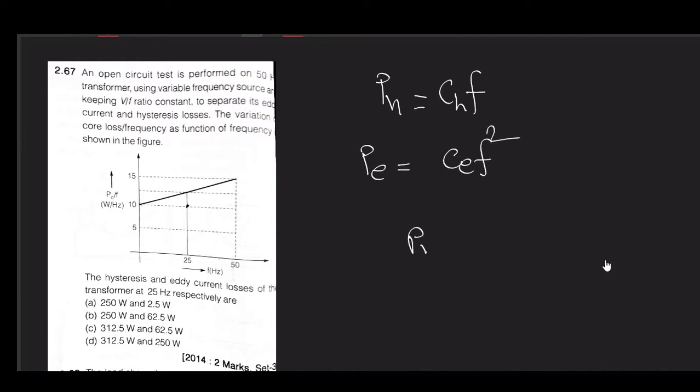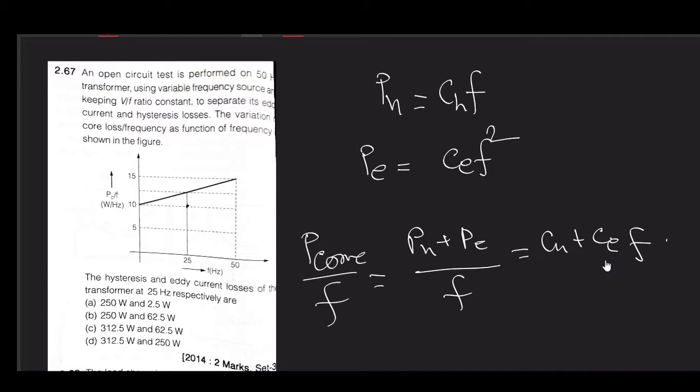So PH plus PE by F will be CH plus CE F. When we are talking about PCF, you can consider that this one is like P core by F. So this constant part CH, that gives us how much? This is 10.